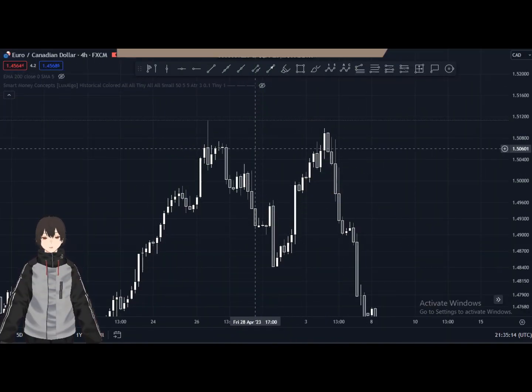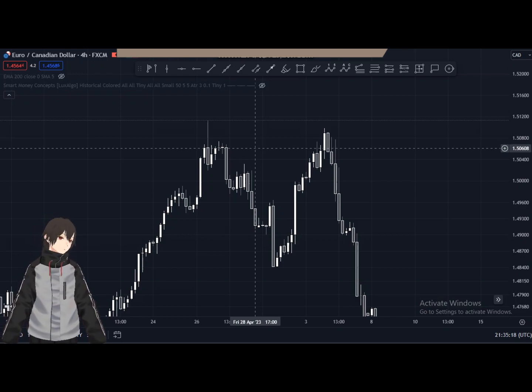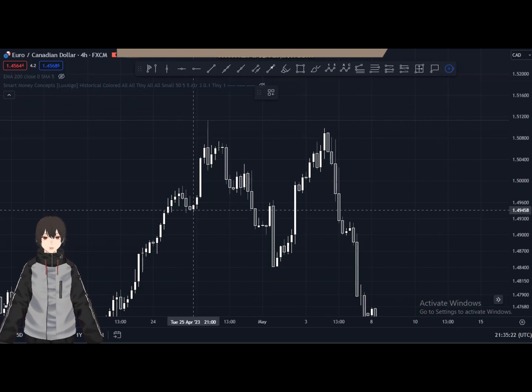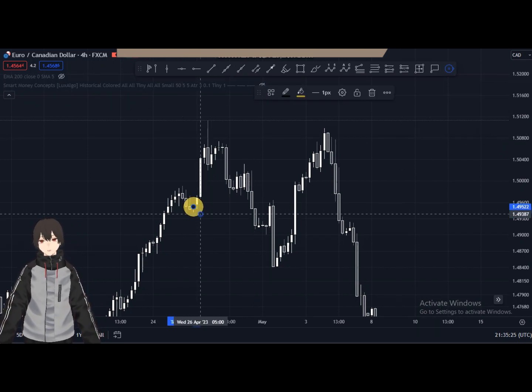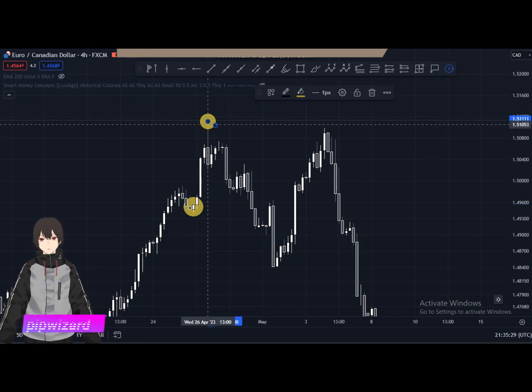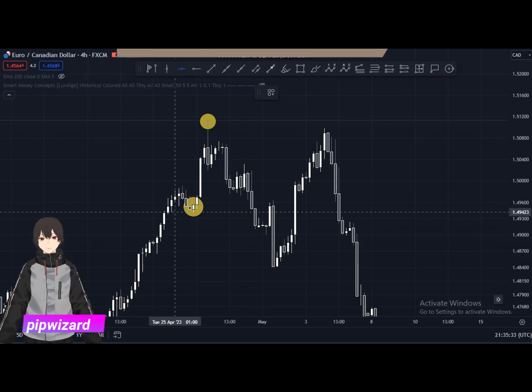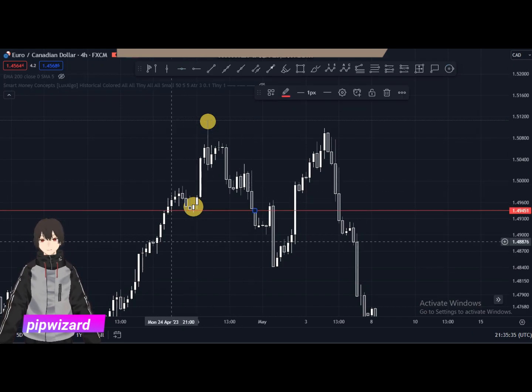So let's go. At first, we do our last homework from the last video. We should find some pivots like that. This low can make this high, okay? And this move can break this low.